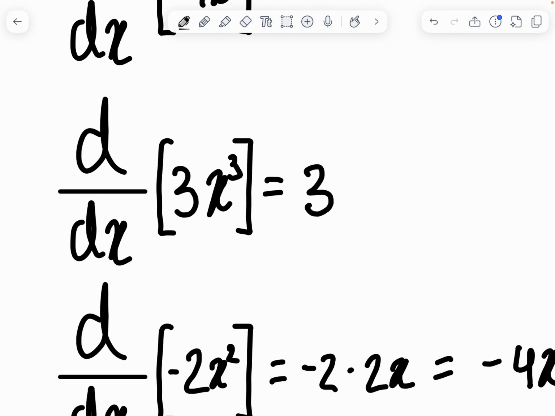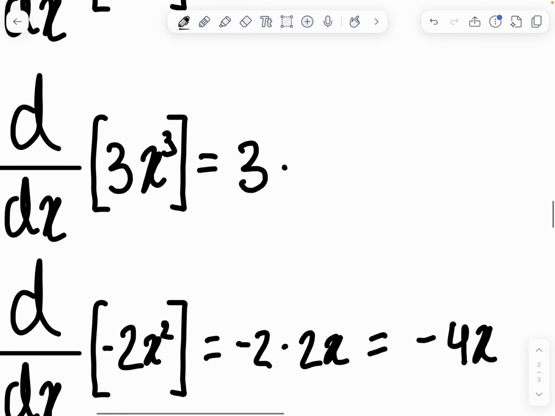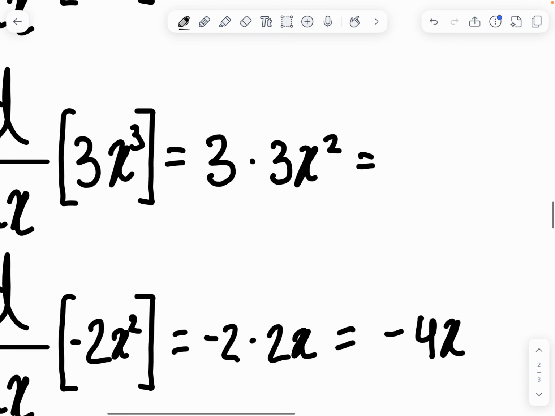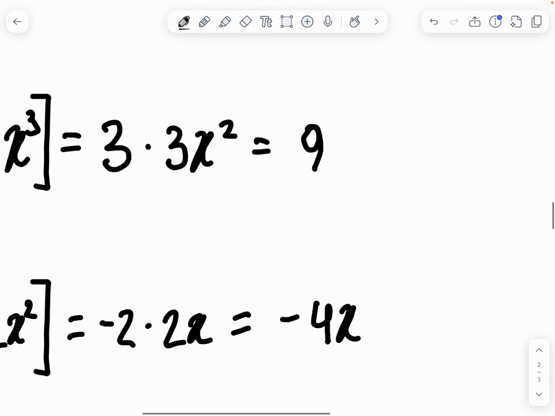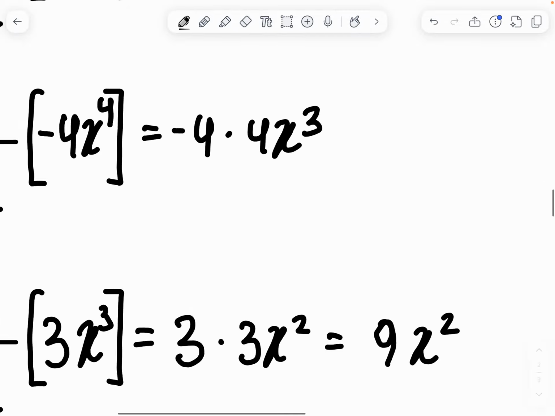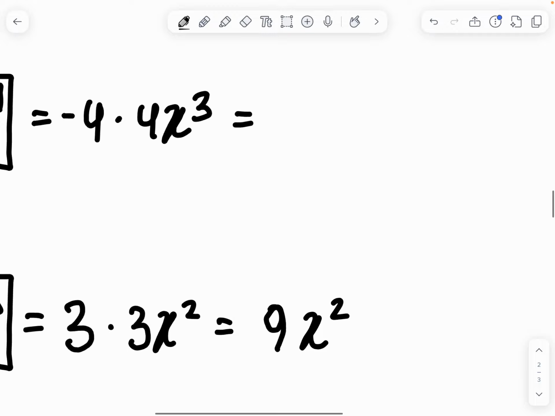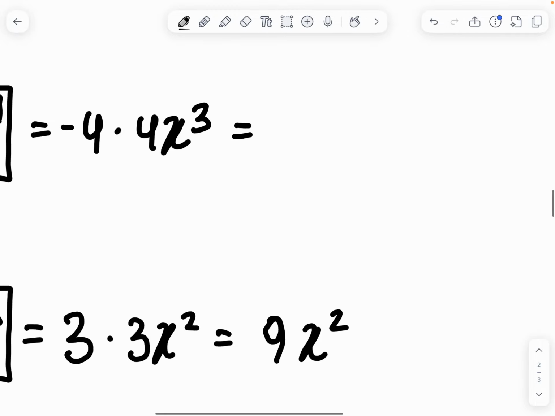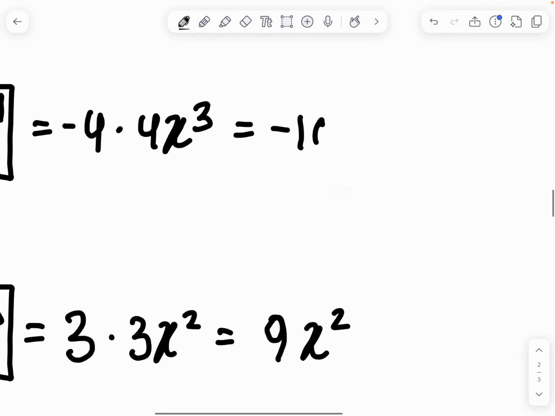This is 3 times 3x squared, and this equals 9x squared. This is negative 4 times 4x cubed, and this equals negative 16x cubed.